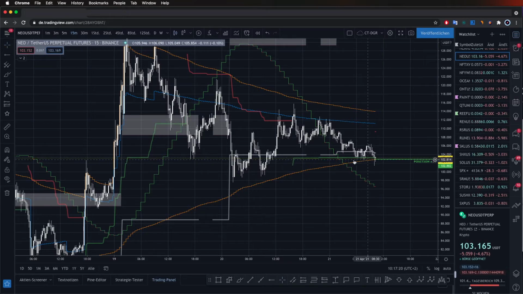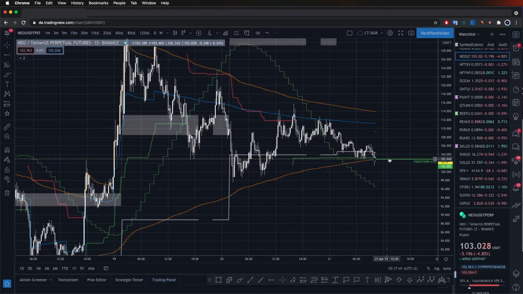For sure this green line is maybe slightly a resistance. For sure the step line will be a resistance after it was broken like an hour ago. But all the rest looks bullish to me, so this is a nice chance to enter the trade.